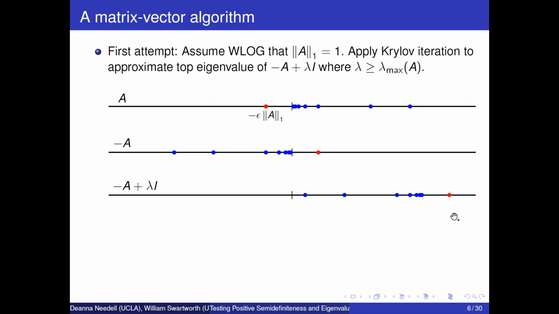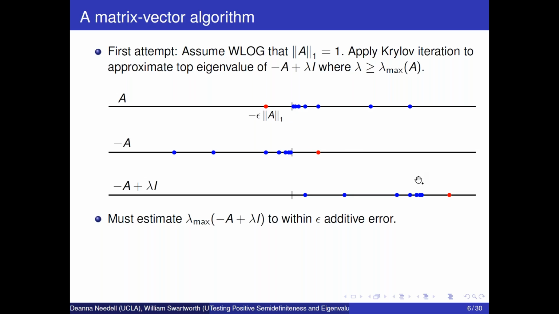Now we'd like to detect the existence or non-existence of this red dot. So we want to estimate the max eigenvalue of this new matrix, negative A plus lambda I, to within epsilon additive error, because there's a gap of epsilon between this red point and the closest blue point.